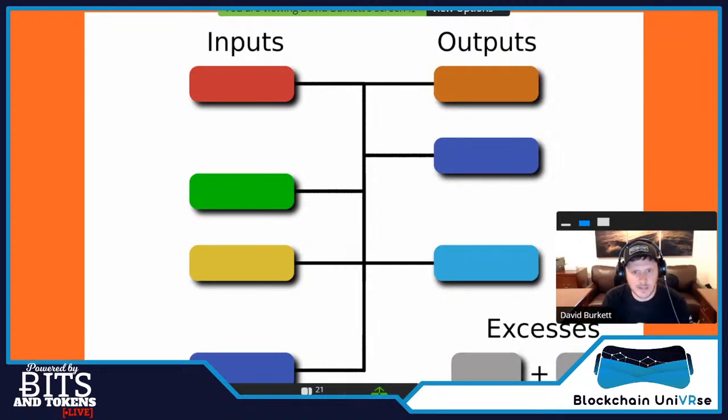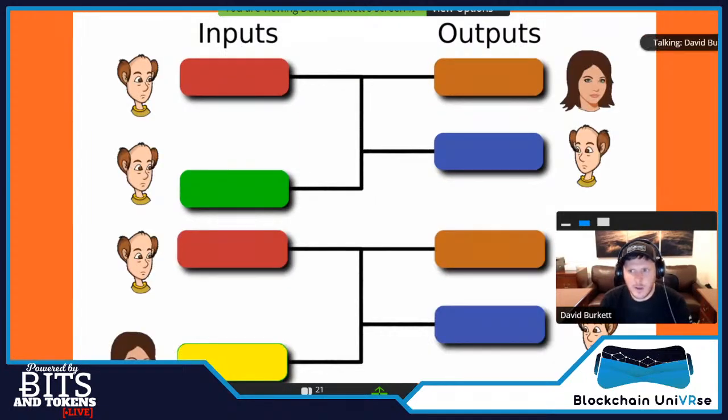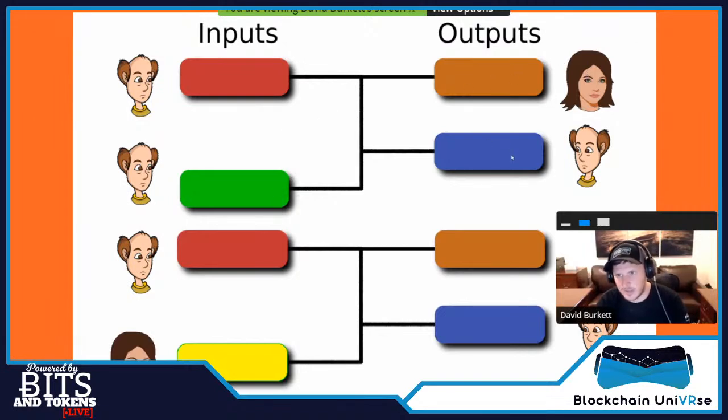There's a few ideas out there for how to do that. One is called pay joins. In a typical transaction, you have the sender here, it's Bob again. He has his 2 coins that he's spending. He's sending to Alice and he's getting his change back.